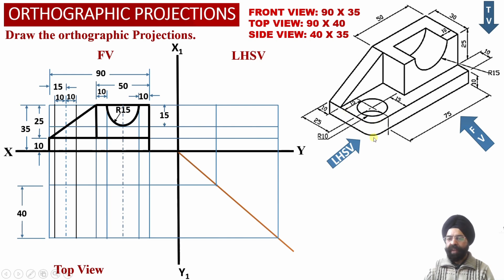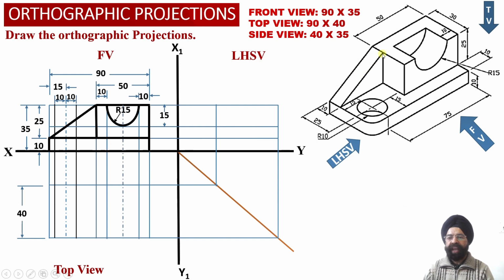Now we can check corresponding to this vertical surface of the element number 1, which happens to be the front face of this horizontal web. We will be able to observe a true shape rectangular projection into the front view projections over here.